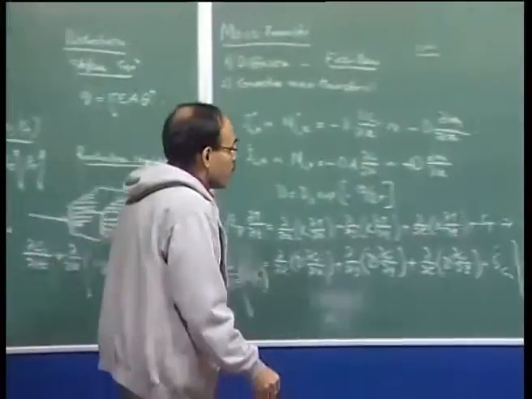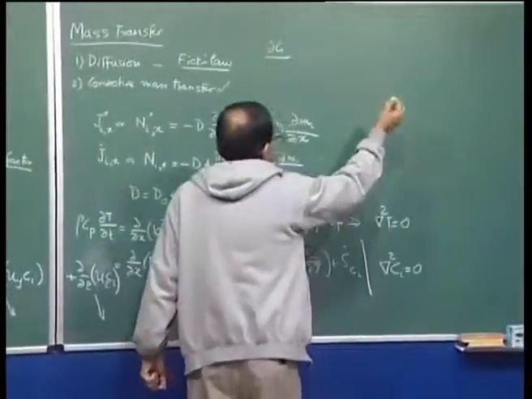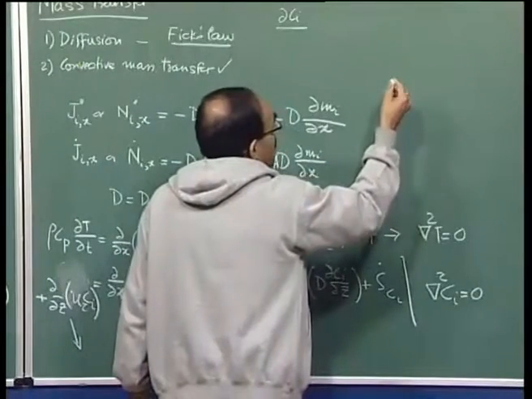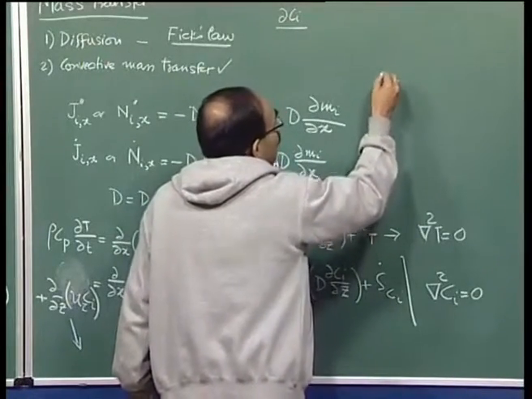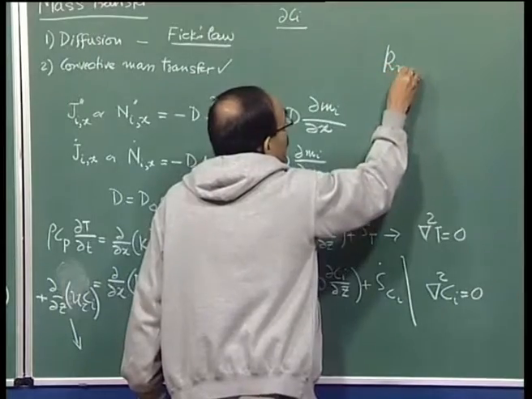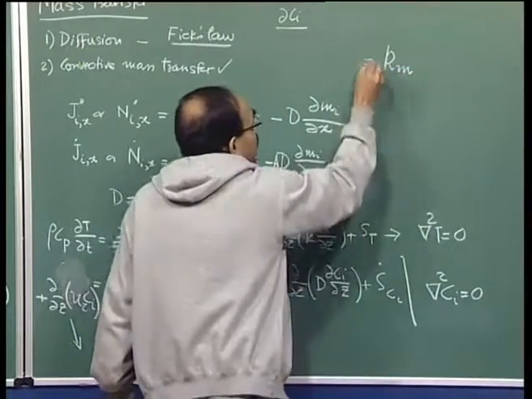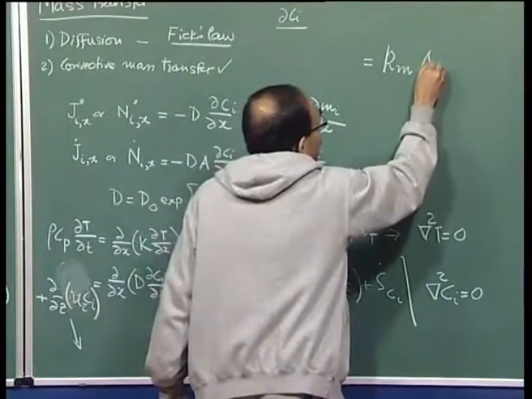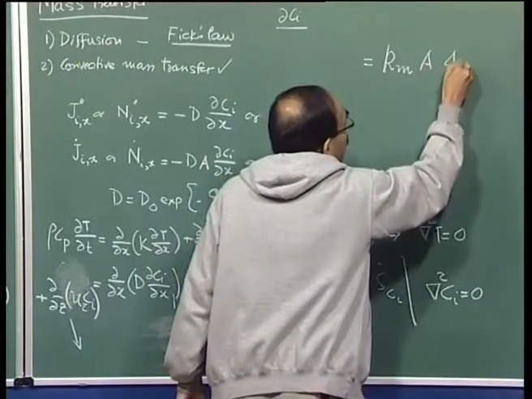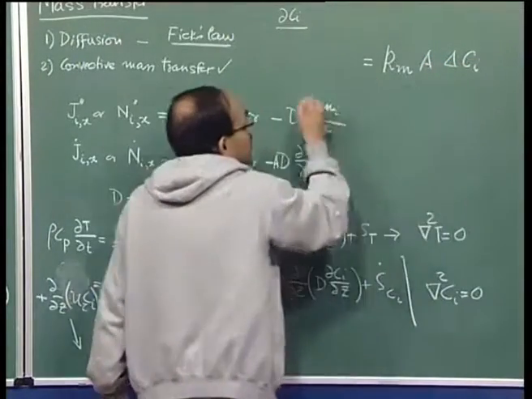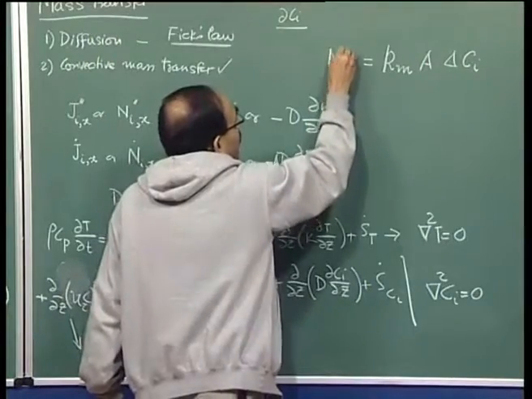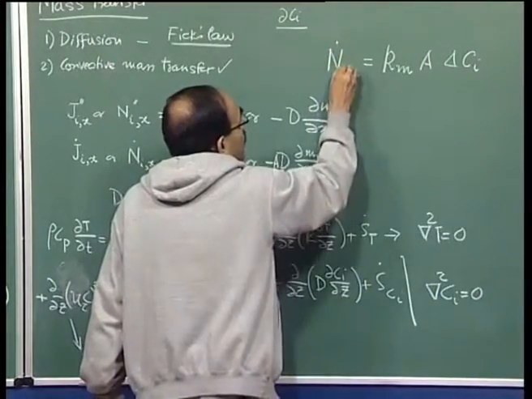We can say that mass transport is a first order process. So, therefore, we have a mass transfer coefficient, Km, and this Km multiplied by area multiplied by the driving force delta Ci essentially gives us the net rate of transport.